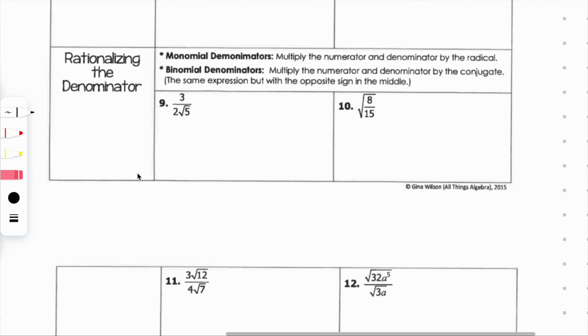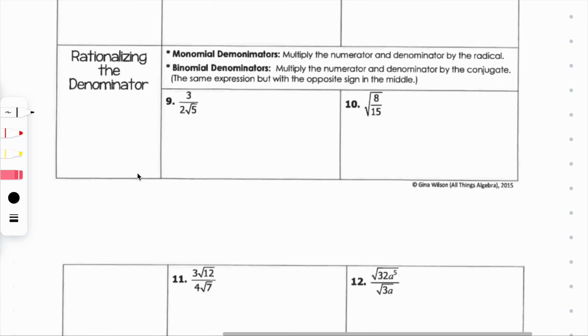Okay, so now we're going to talk about rationalizing the denominator. And this is a case when we're going to have to apply the knowledge we've used before with multiplying and adding radicals.